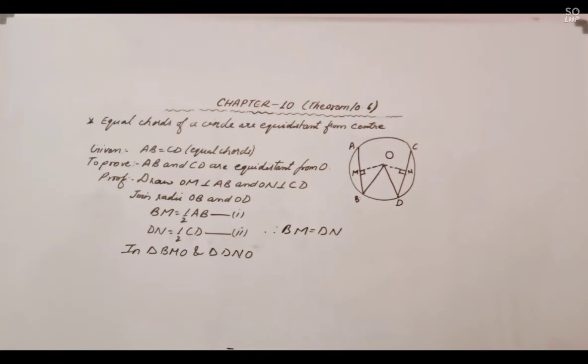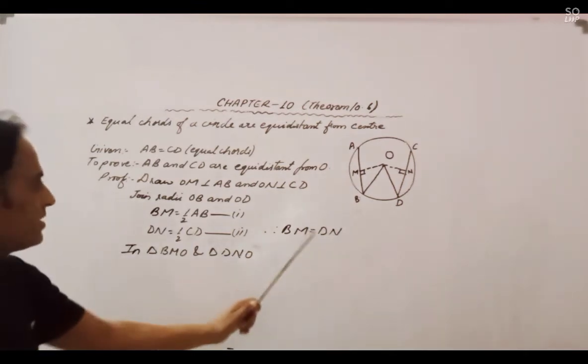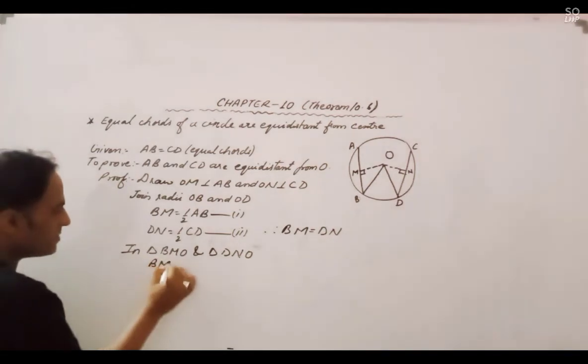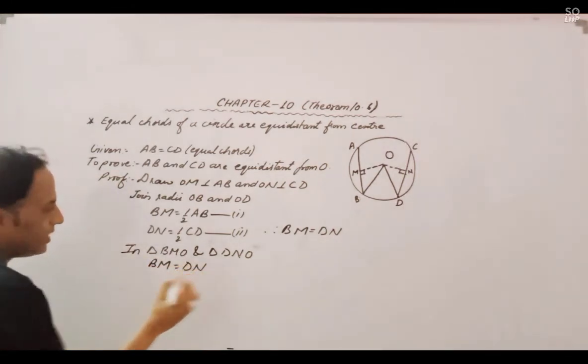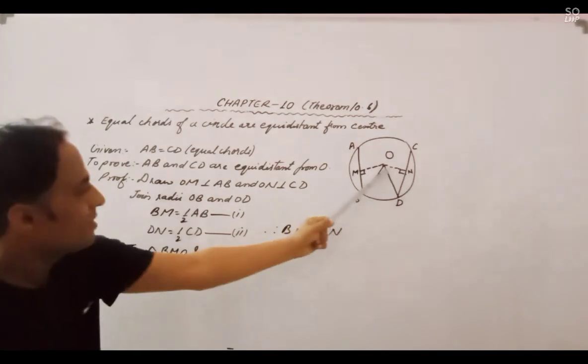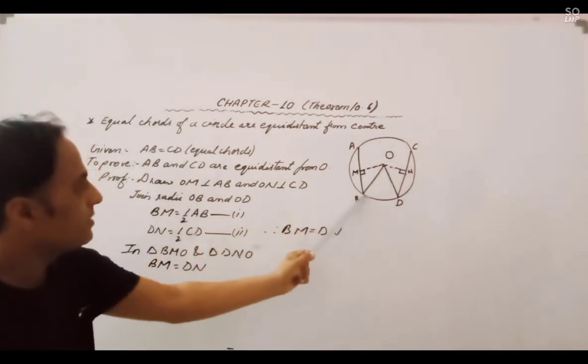So in this we see the first is already here. We have proved that the measurement of BM is equal to DN. That's already proved, stated there. Second thing, see this distance from center to here, that is the radius.